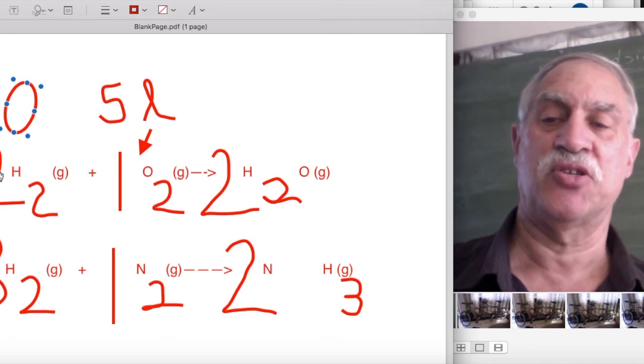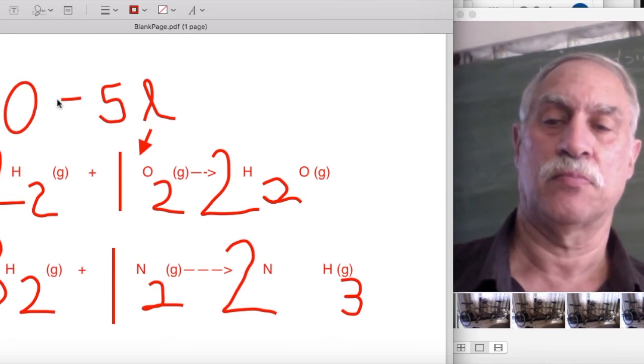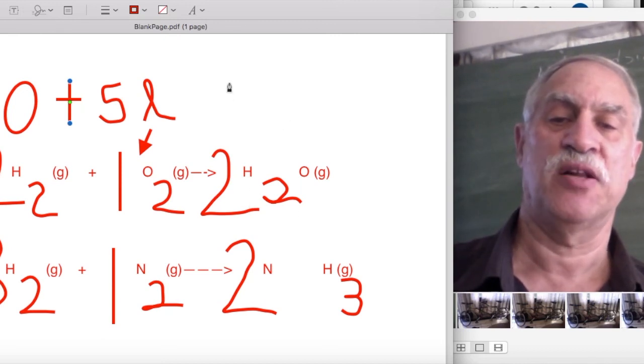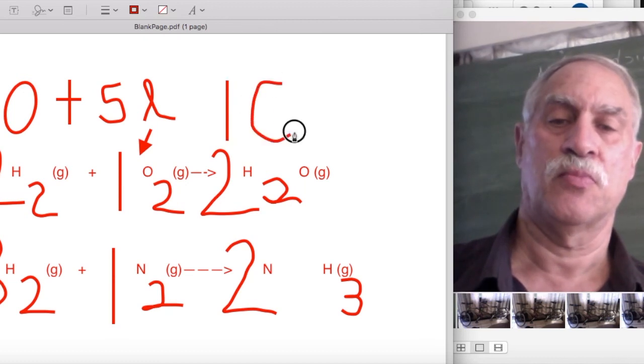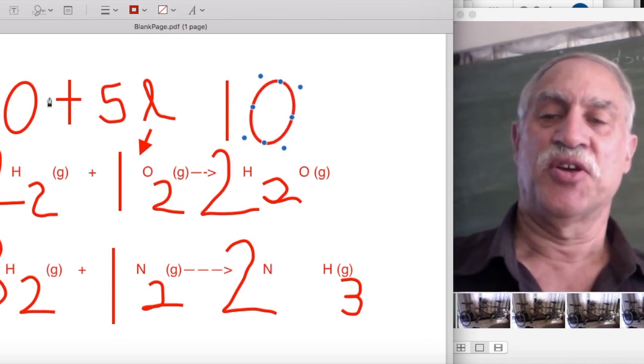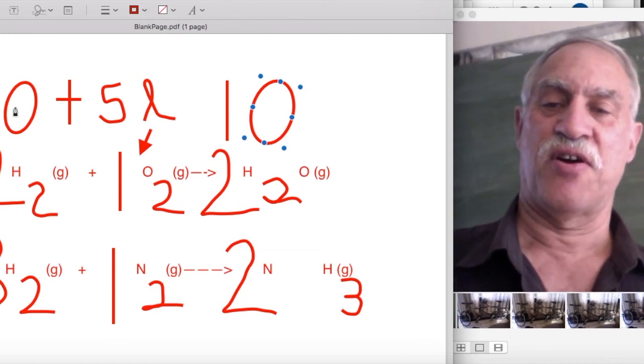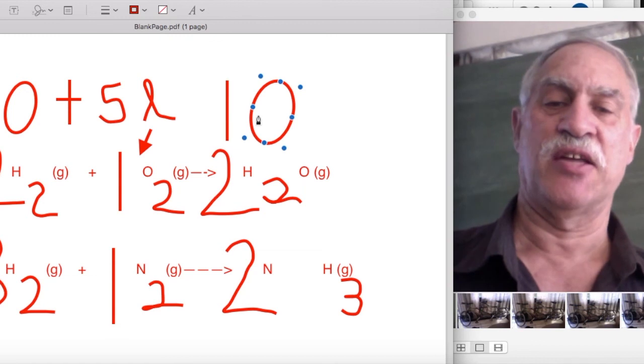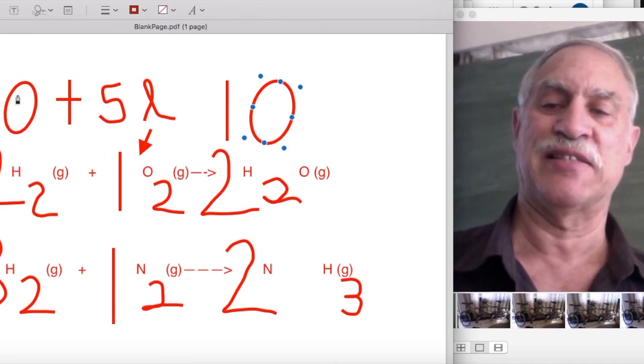So 10 liters of hydrogen plus 5 liters of oxygen is going to form how many liters of water gas? Well, the ratio is again going to be double. So here we're going to have 10 liters of hydrogen gas, 5 liters of that, and remember the ratio is 2 is to 2, so if that's 10, that must be 10.